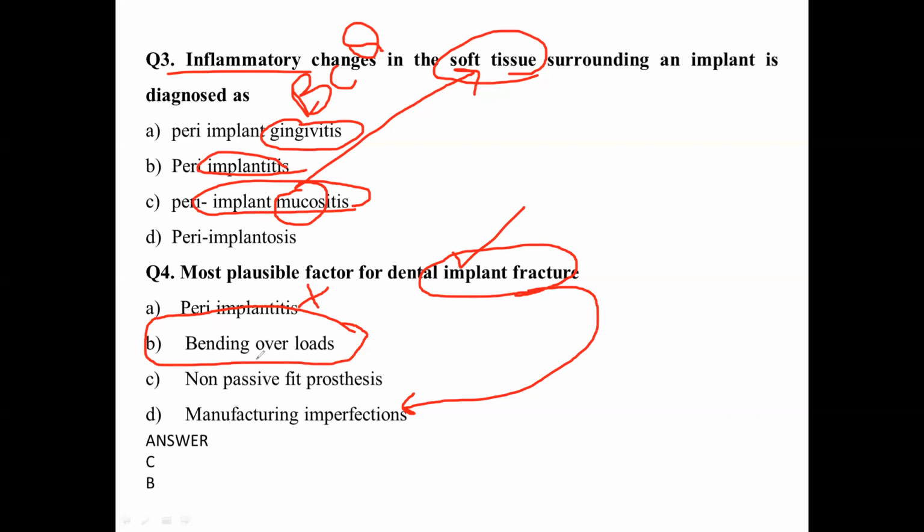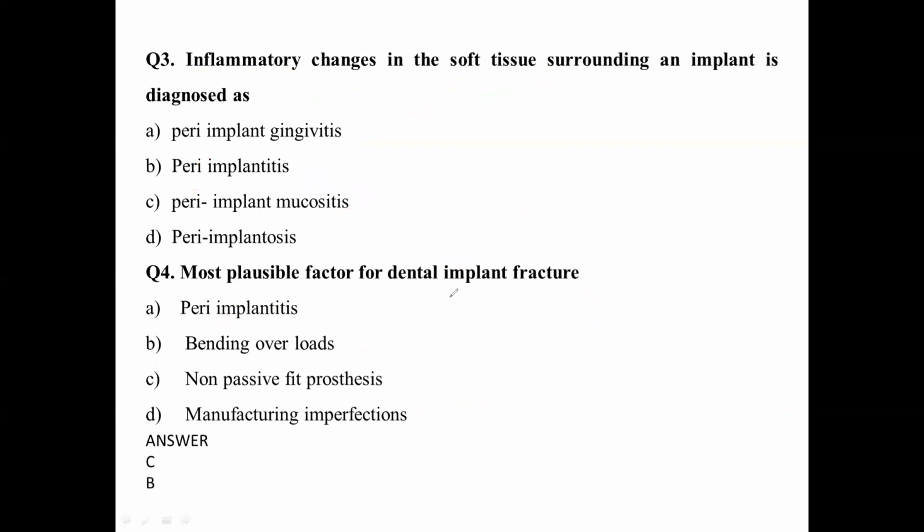If the loading angle, the angle which the implant makes with the bone, is not proper, then there are chances that the implant will fail. You see here, this is the bone, and for example the implant has to be at 90 degrees with the bone. But here I give an implant for the first time, and I have given this angle to the implant. This is not a 90 degree angle. So the implant will fail. As soon as I give the prosthesis to the patient, the prosthesis will fail.